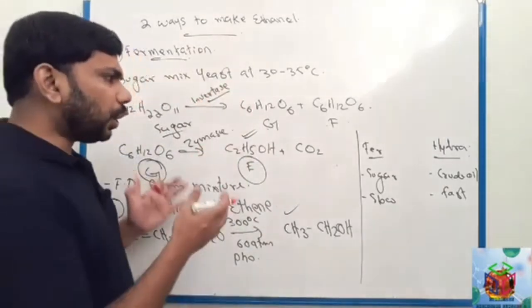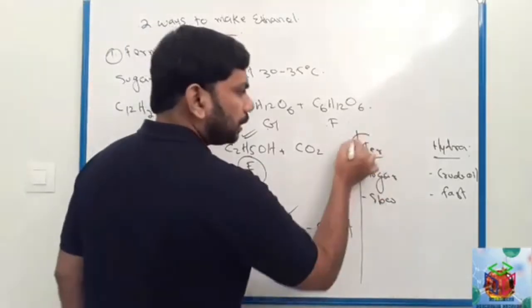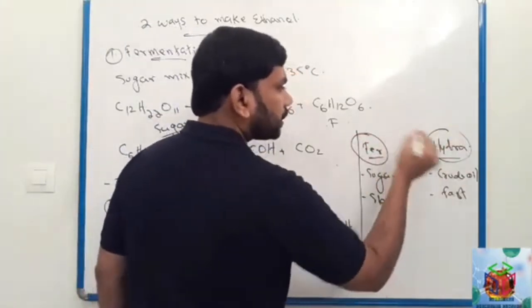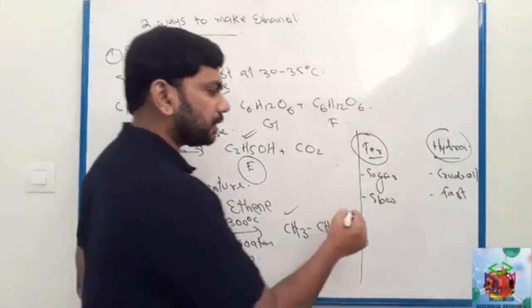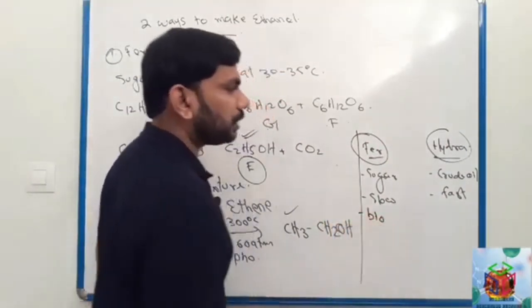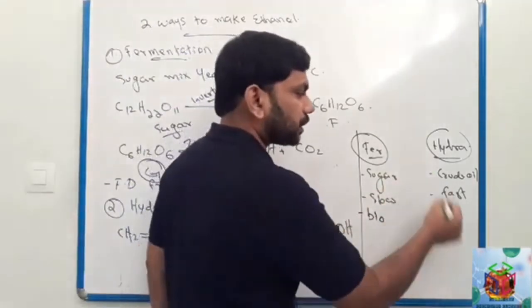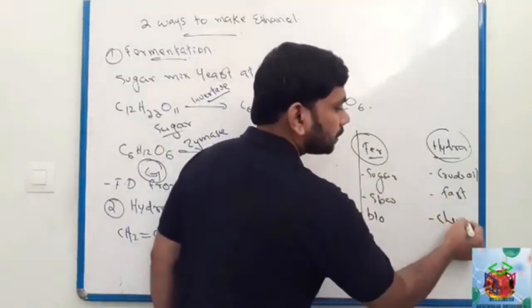Clear? So we obtain alcohol by two methods, fermentation and hydration. Fermentation is a biological method. Hydration of alkene is a chemical method.